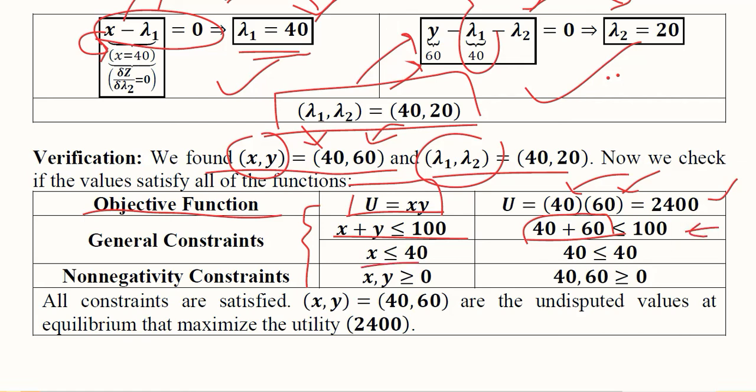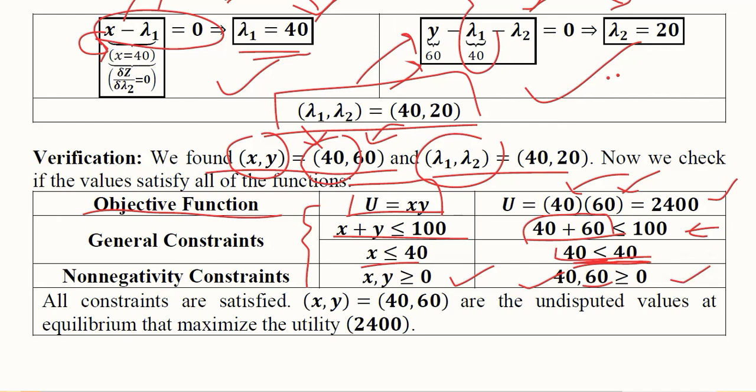Then the general constraints, they are there. X is not less than or equal to 40. So here we found that the value of x is actually 40. So it is not violating the constraint. It is equal to 40. Non-negativity constraints, they are fulfilled because both x and y are positive. They are non-negative.